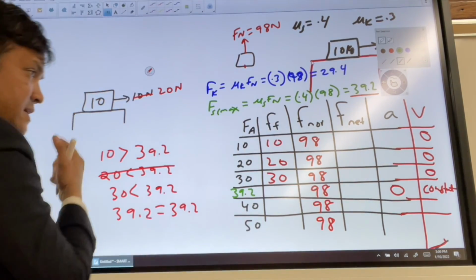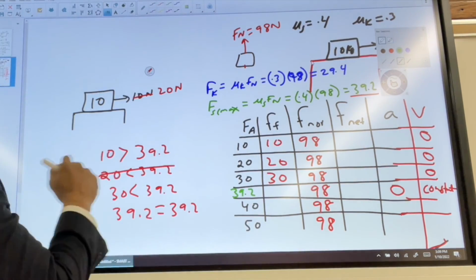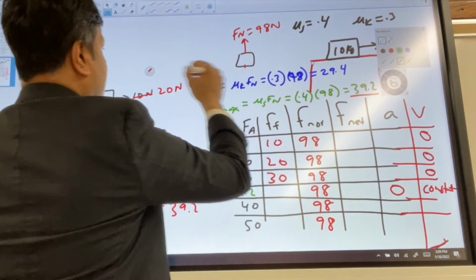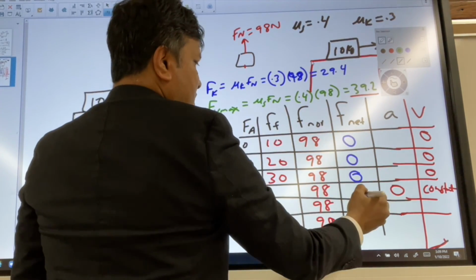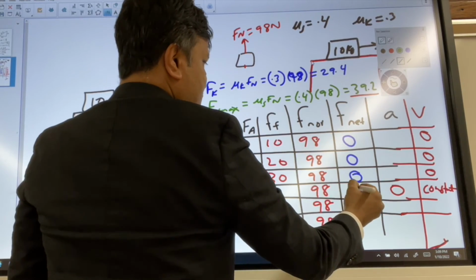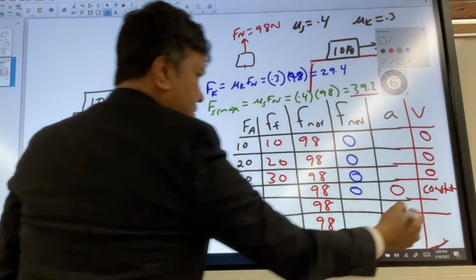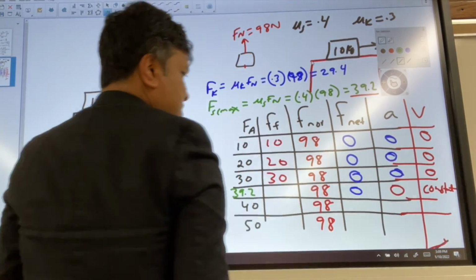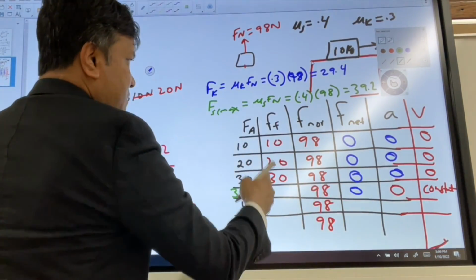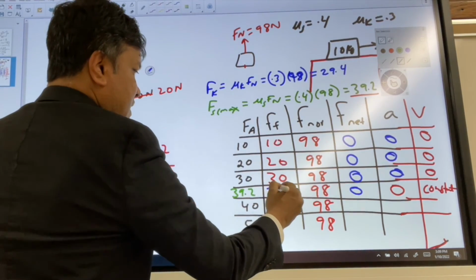Hopefully you understand it. Now net force. What is the net force over here? Of course net force is 0, because constant velocity means net force is 0, and acceleration is 0. The force of friction is still 39.2.